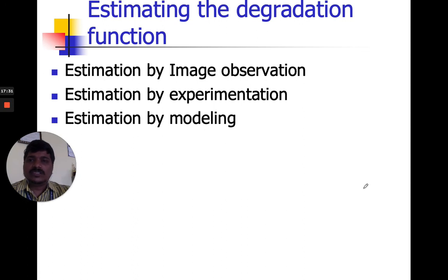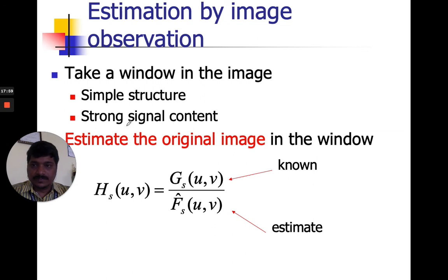So let's move on to estimating the degradation function. The first is estimation by image observation, then estimation by experimentation, and estimation by modeling. We'll see them one by one. For estimation by image observation, take a window in the image with simple structure and strong signal content.